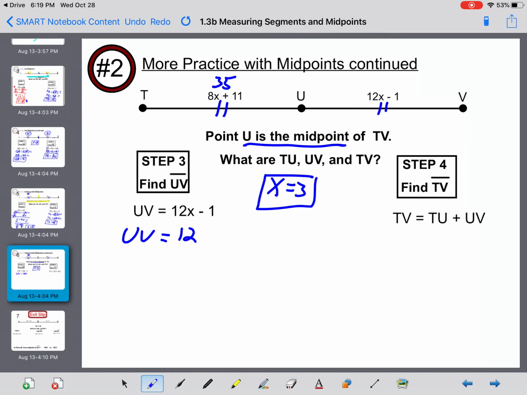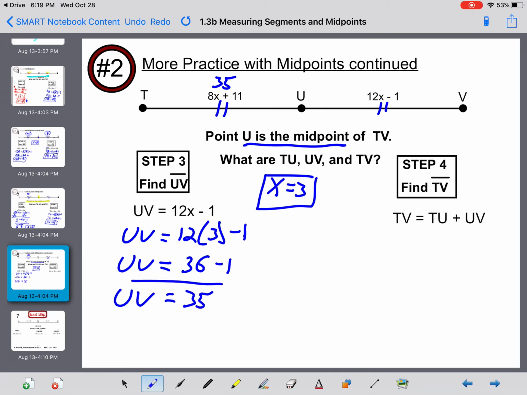Whoops. 12 times 3 minus 1. UV is equal to 36 minus 1, and UV equals 35. Okay, so there we go. We've proved that U is the midpoint.